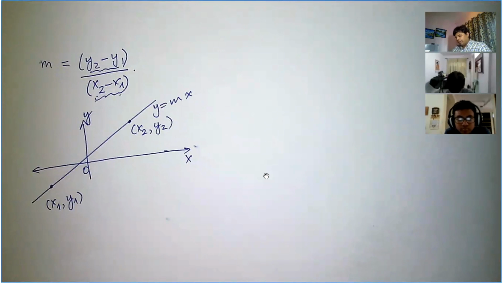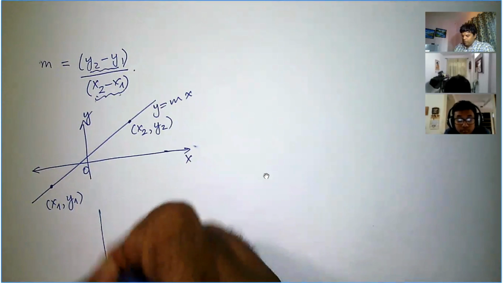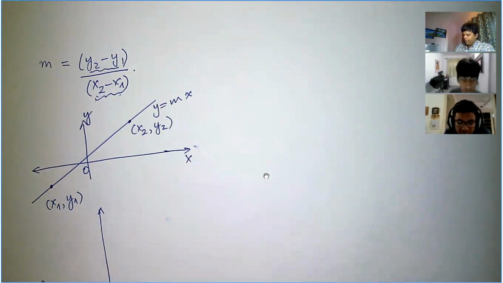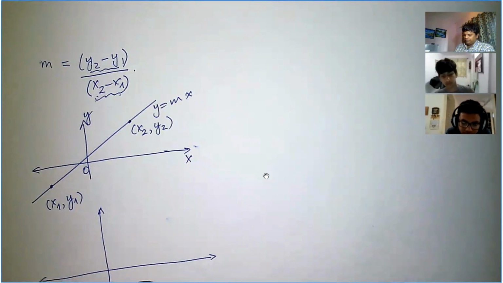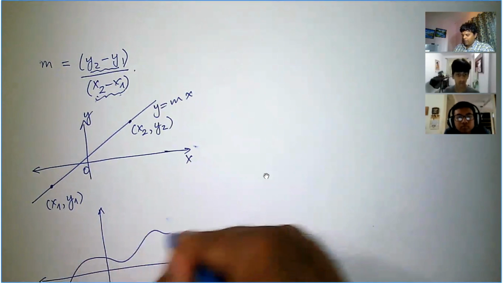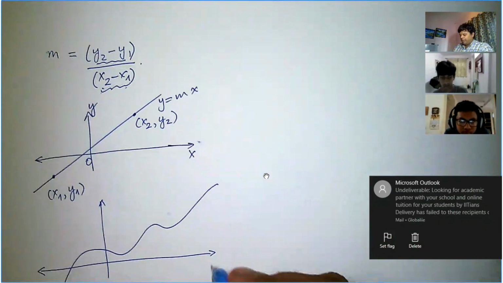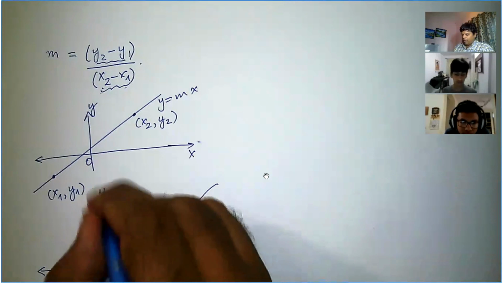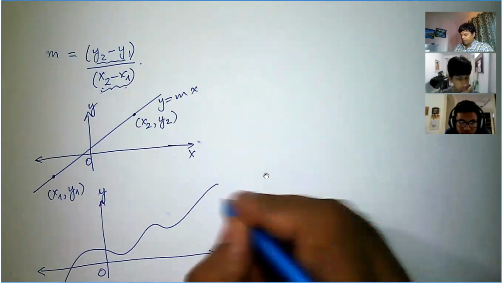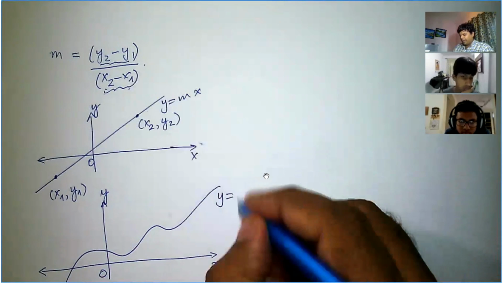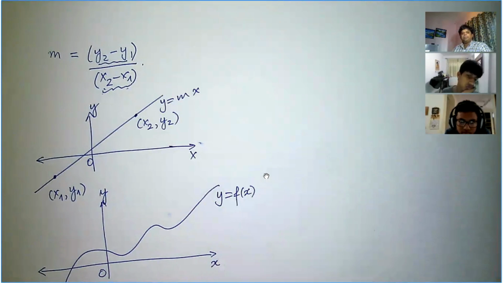That is exactly what the slope tells me. Now, instead of a straight line, I have a curve. Here is x, here is y, here is 0. Instead of y equals mx, I have y equals f of x.